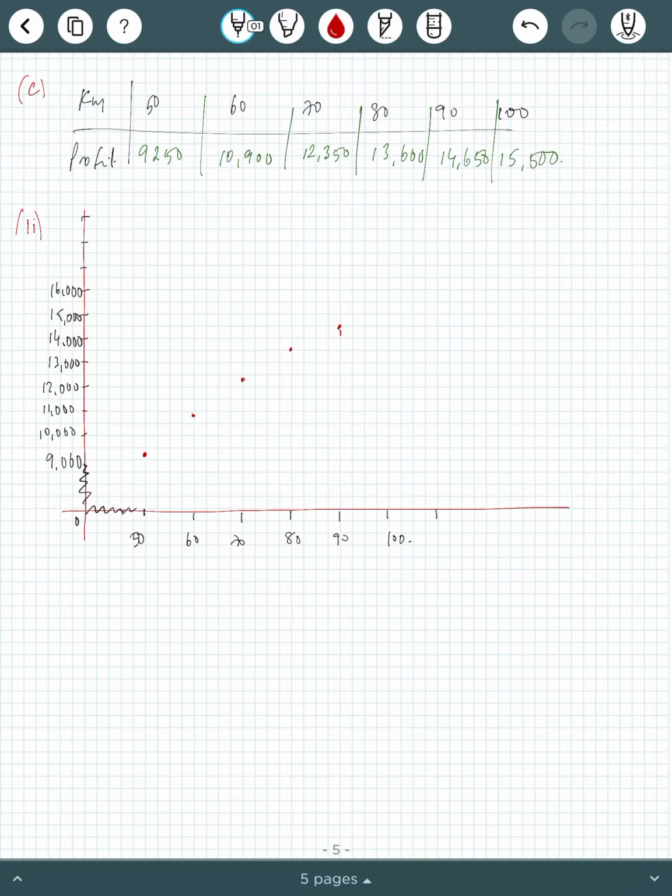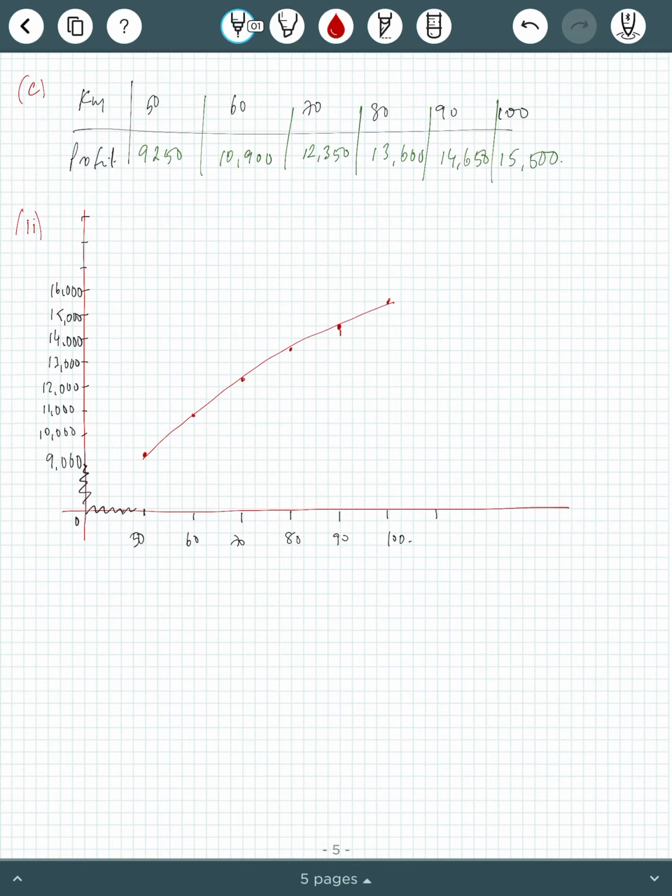There, yeah, about there. And 100 is 15,500. Okay, so now what we do is just sketch it, and you only start from the first quadrant, lads. You don't go back down to 0 because obviously that's been condensed. Okay, so it looks like so.